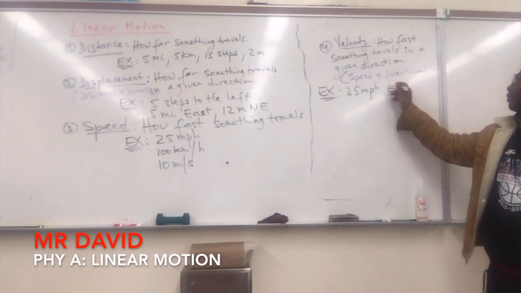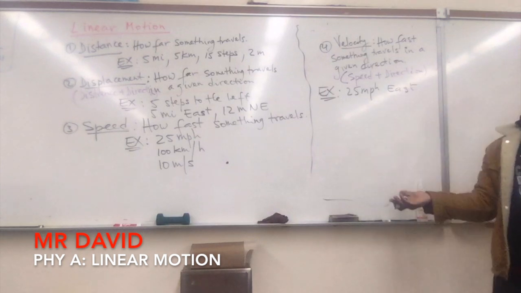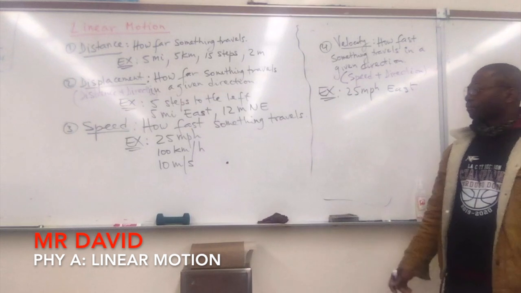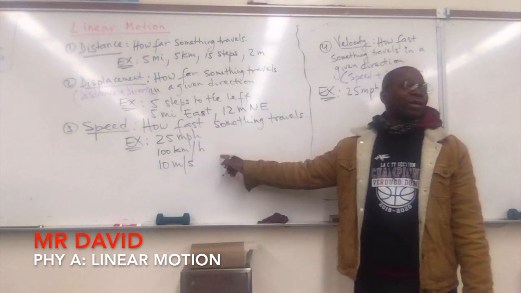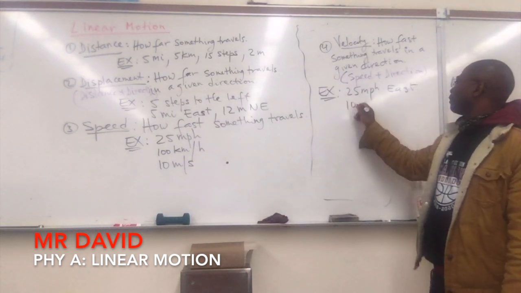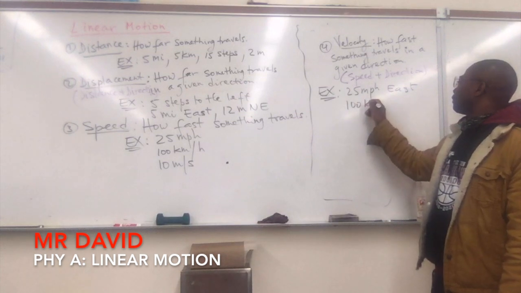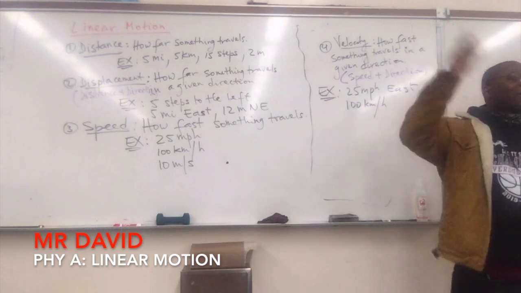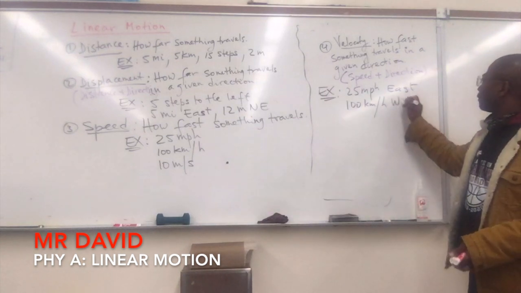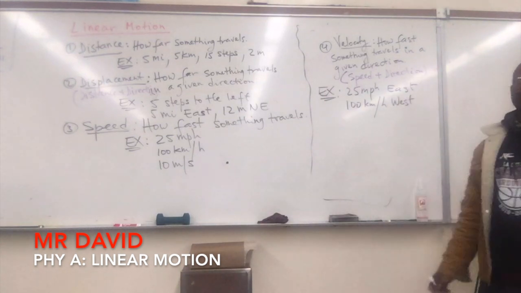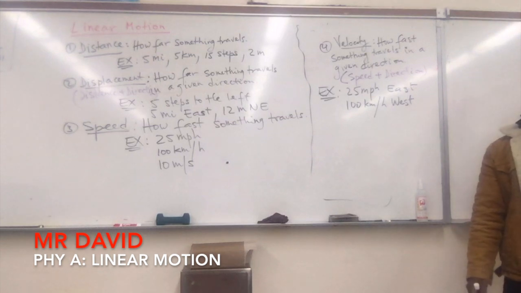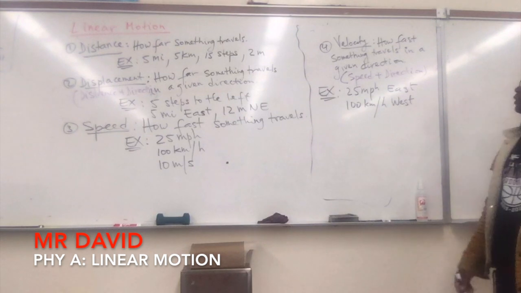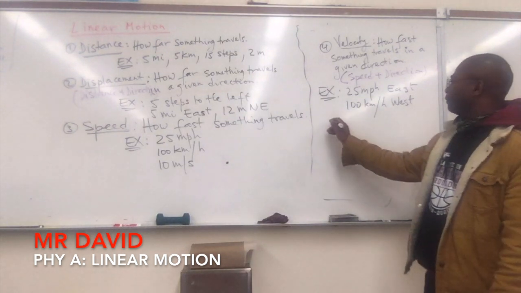All right, east. 100 kilometers per hour, we could say going west. And so on. That's number 4. Number 5.